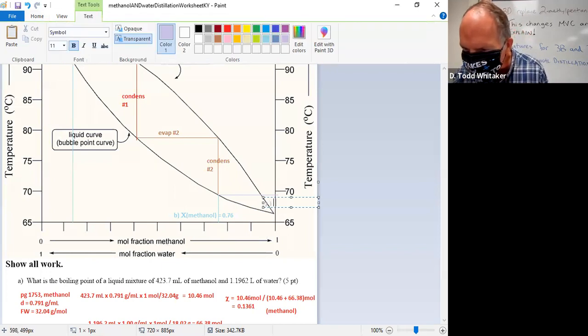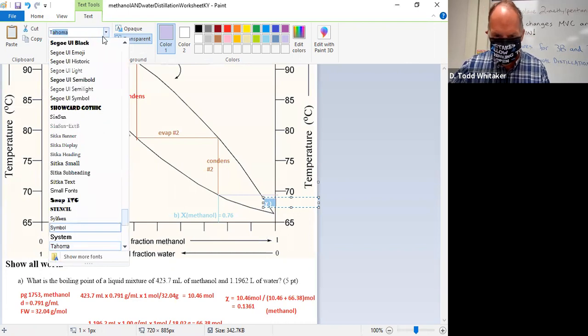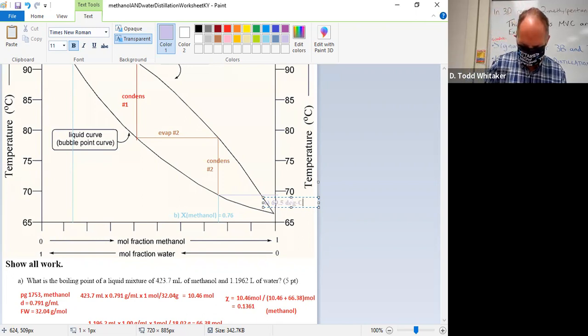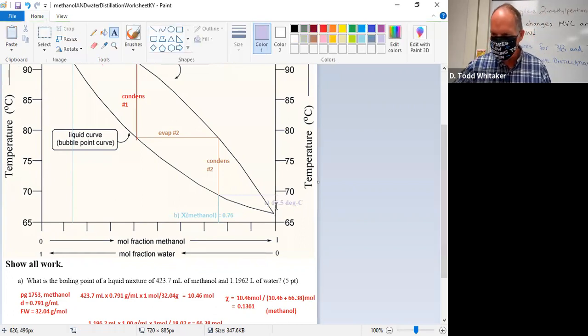Hard to read that. Oh, it's still on symbol font. Times New Roman also close by. C. What did I say? 69.5, right? Save.